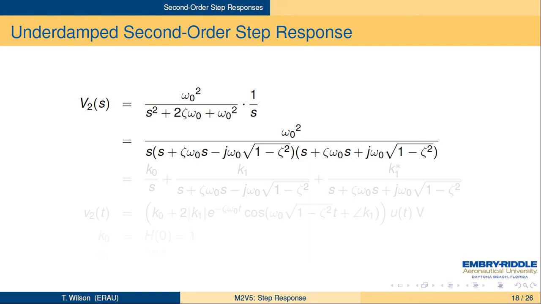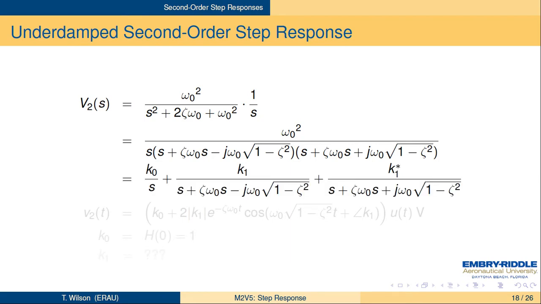So it's just S plus zeta omega naught minus j omega naught root 1 minus zeta squared, and the second term is S plus zeta omega naught plus j omega naught root 1 minus zeta squared. The middle term is the root with the positive imaginary part, and the right-hand term is the root with the negative imaginary part. So we know we're going to write those as partial fractions, and again, the extra S should not be there.